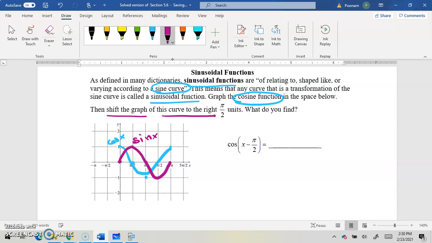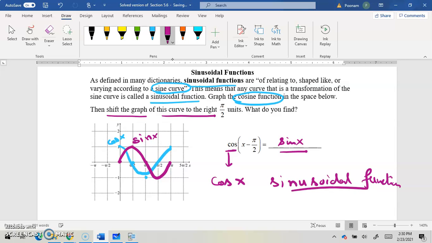So cos of x minus pi by 2 is the same as sine of x. So the cos function is also just a transformation of the sine function. That means the cos function is also a sinusoidal function.